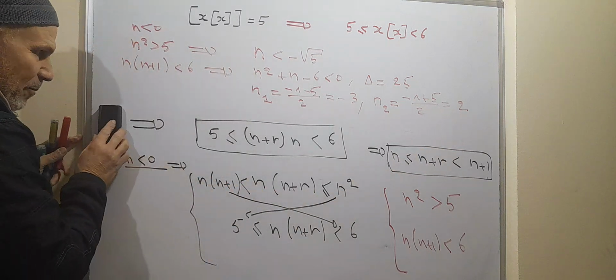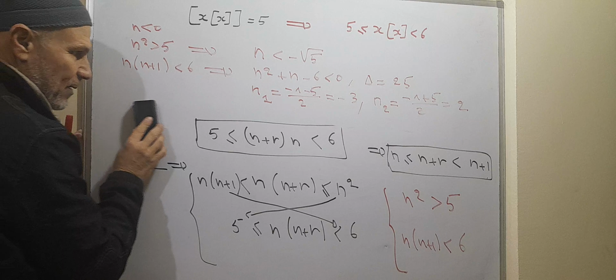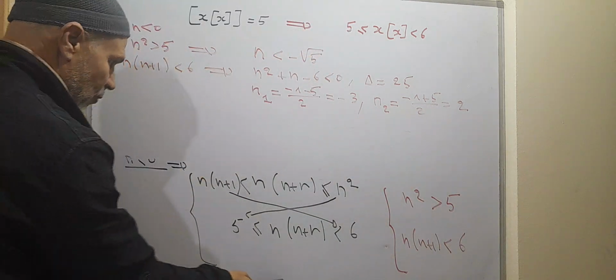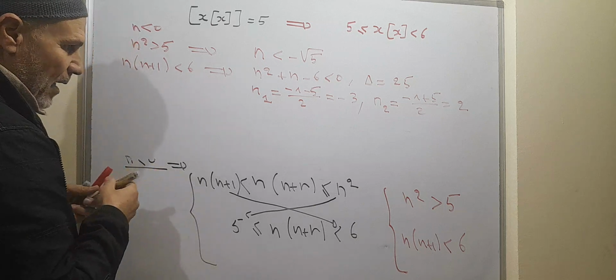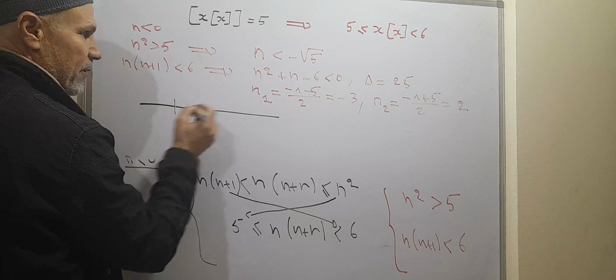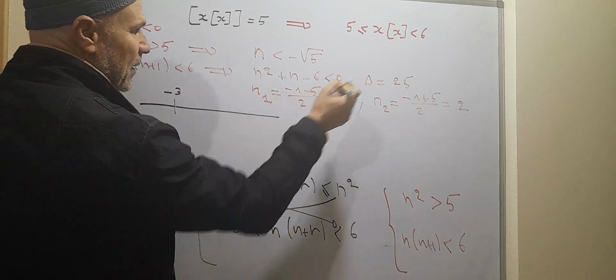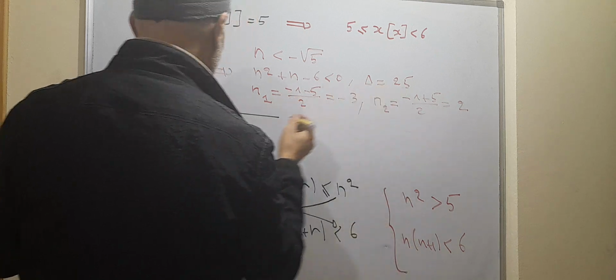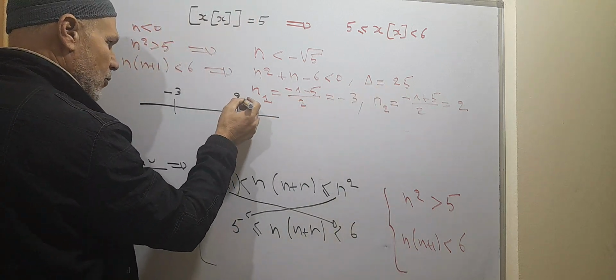Negative means between the roots. Negative, this means that between the roots we have minus 3 and 2.